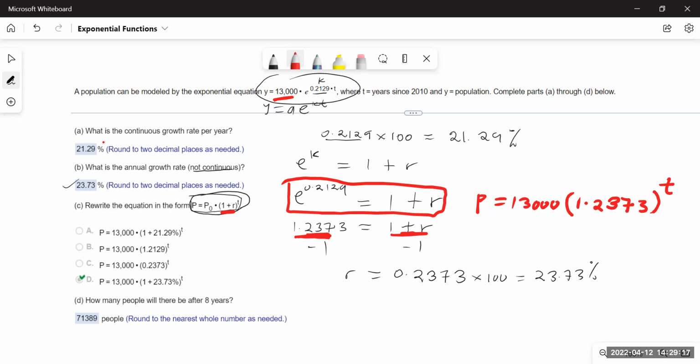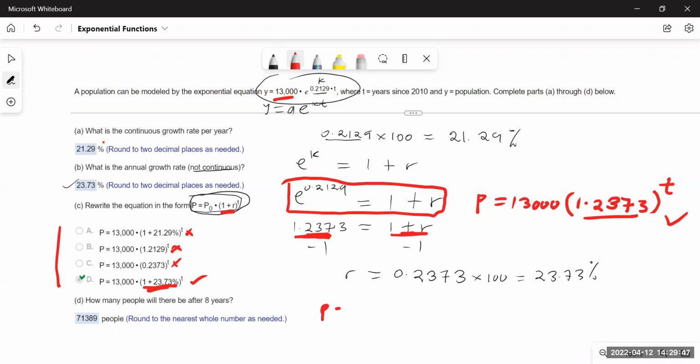Okay, so now let's go into the options and see which of these options represent the right answer over here. So we notice that this is not correct. This is not correct. Is that okay? And this is not correct either. And D is the most appropriate option. Why are we saying that? Because if you want to simplify what is in the parentheses, we are going to get back this.